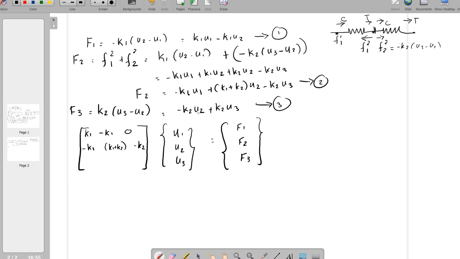There is no U1, U1 is 0. U2 is minus K2. U3 is plus K2. So now we have completed the stiffness matrix.